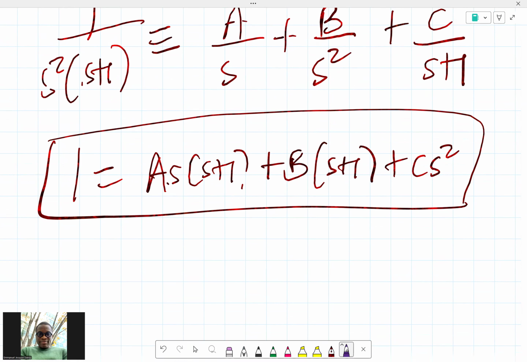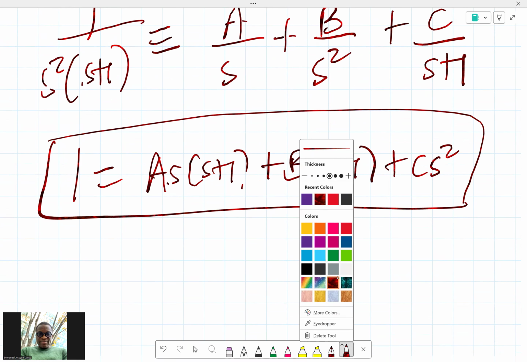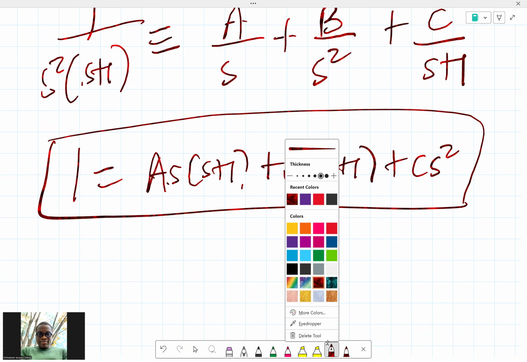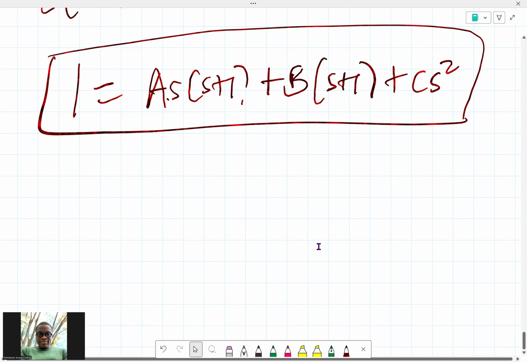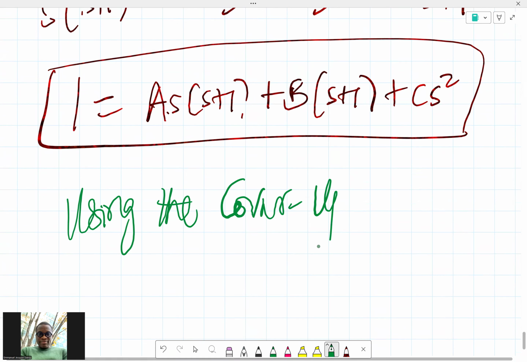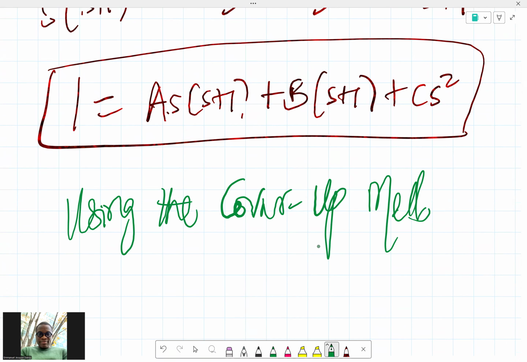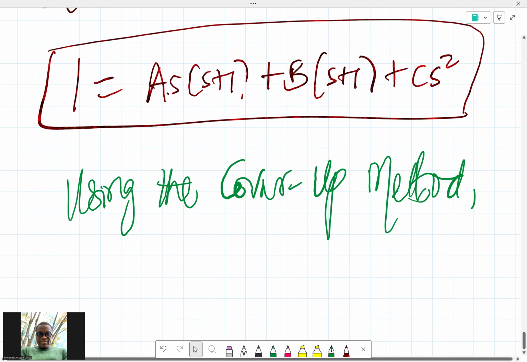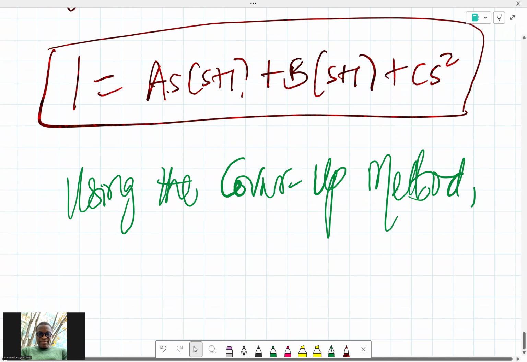Using the cover-up method helps us to quickly get rid of whatever we don't want.